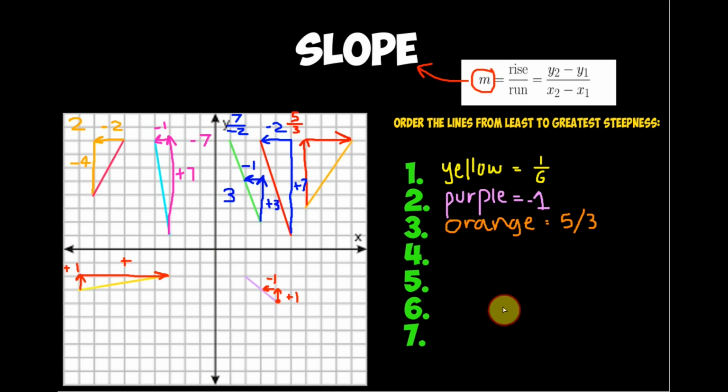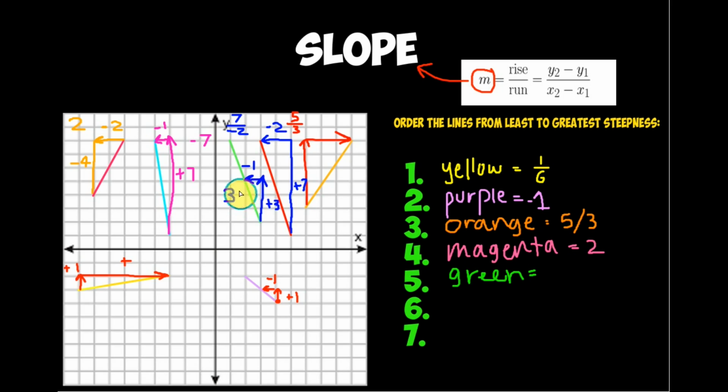And then we have magenta with a slope of 2. This is the magenta right here. And then we have green with a slope of negative 3. So positive or negative doesn't matter. Green with a slope of negative 3, like right here.